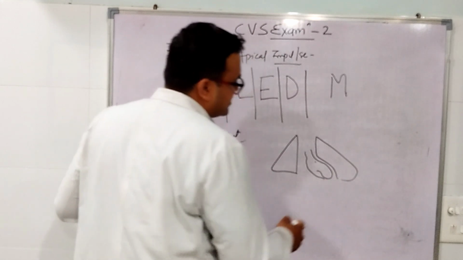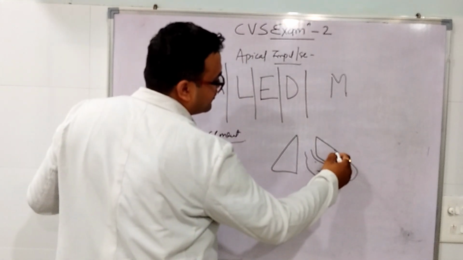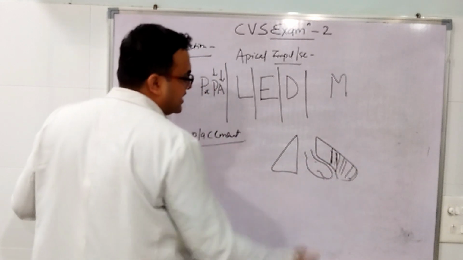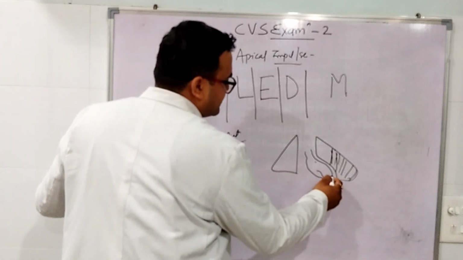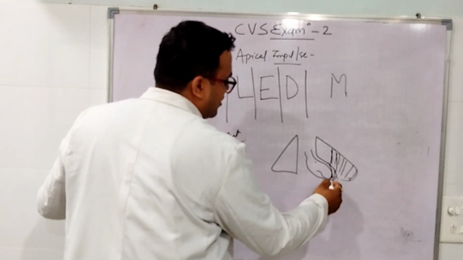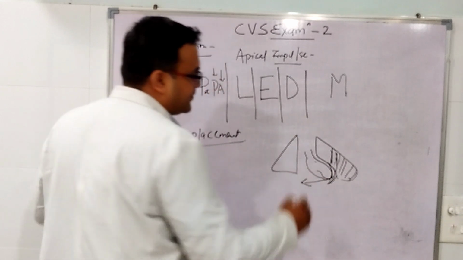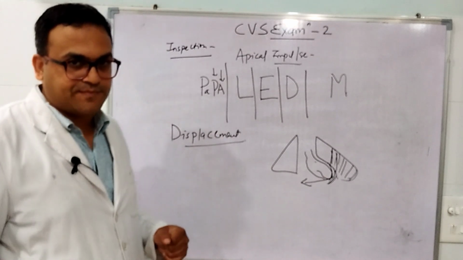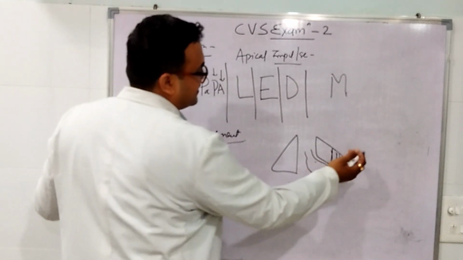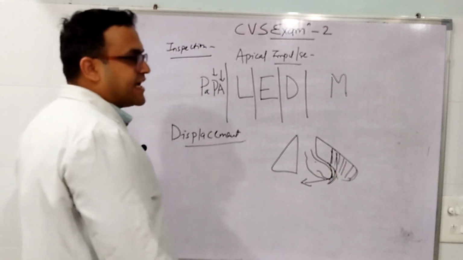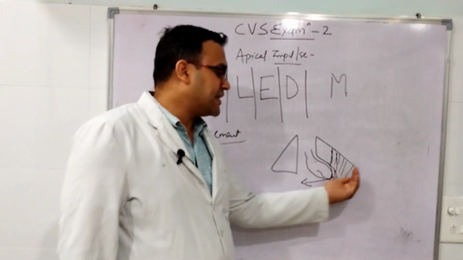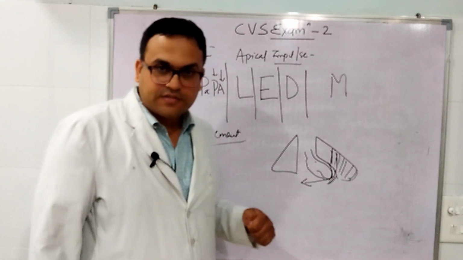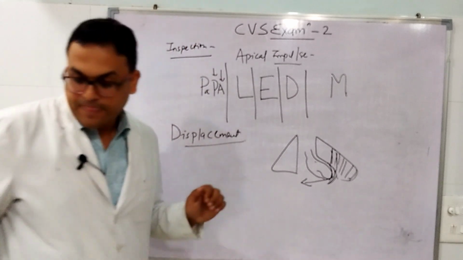If there is a very large pleural effusion on the left side, then it will exert pressure on the heart and displace the apical impulse sideways towards the right side. Same thing with pneumothorax. If there is pneumothorax on the left side, then it will displace the apical impulse sideways towards the right side.